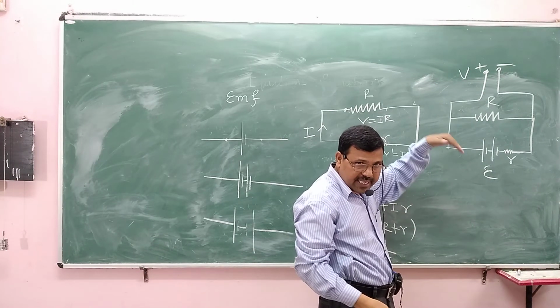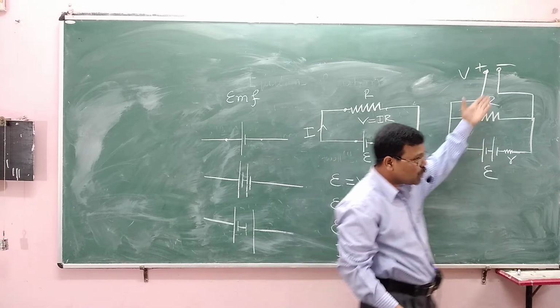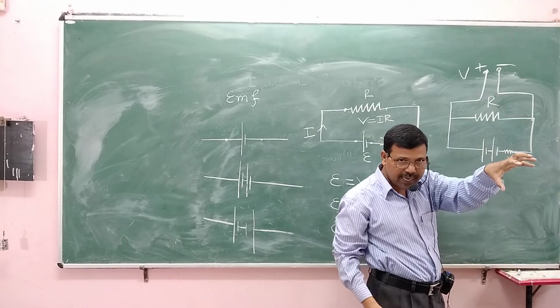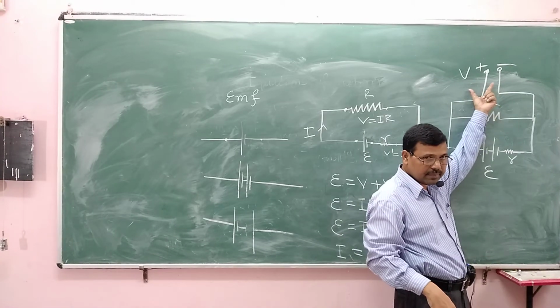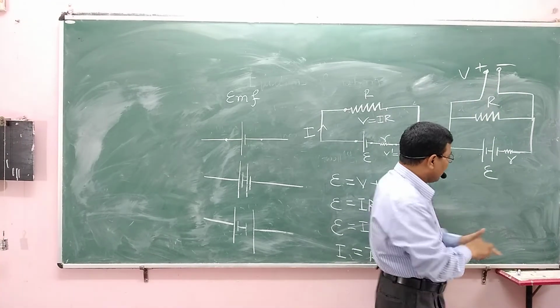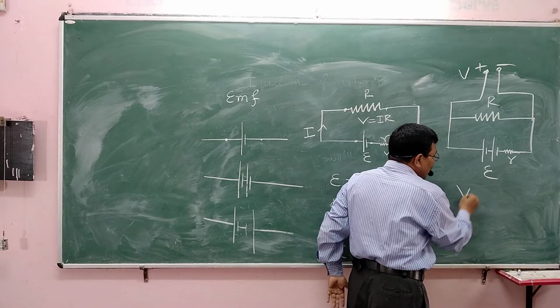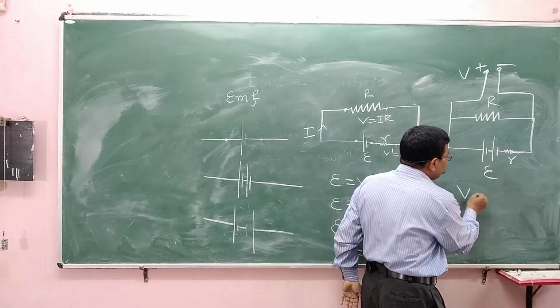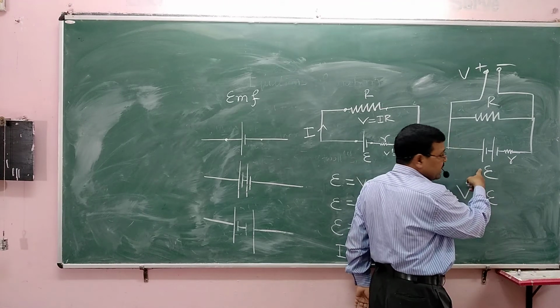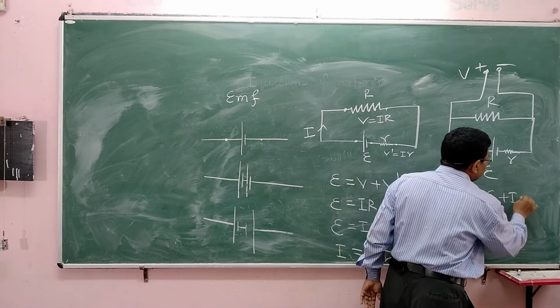The cell is charging. This is the source of electricity, a socket. For the socket, we have put this plug. So in that case, the supplying voltage is more than the EMF of the battery, V is equal to E plus Ir.